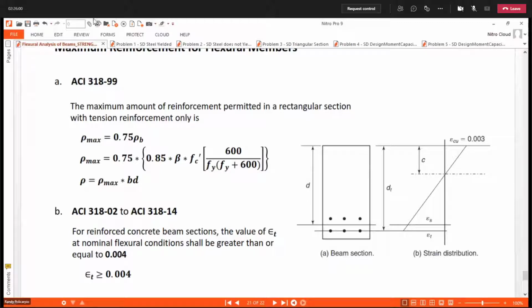In the old code, we have what we call the maximum steel ratio. The maximum steel ratio is computed using this formula: rho max is equal to 0.75 rho b, where rho balance is what we computed or derived earlier. So this is the maximum steel ratio recommended by the code in the old code.